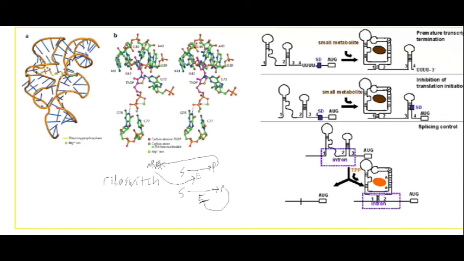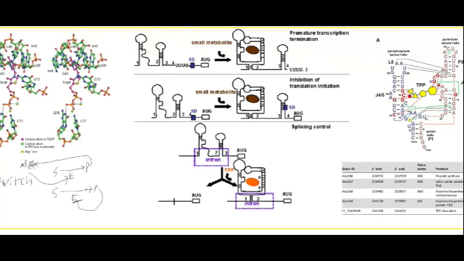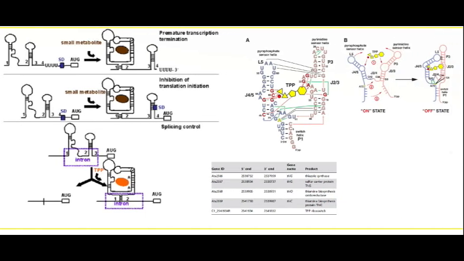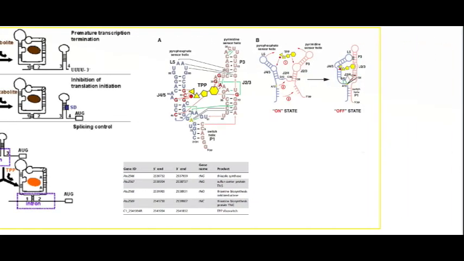So it's stopping that enzyme from being translated, or it can actually happen at several levels. It can stop it at the transcription level, or at the translation level, or even at the splicing level. And so this is a diagram of it.